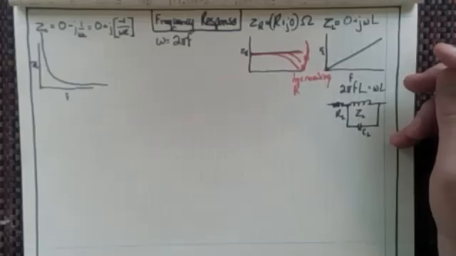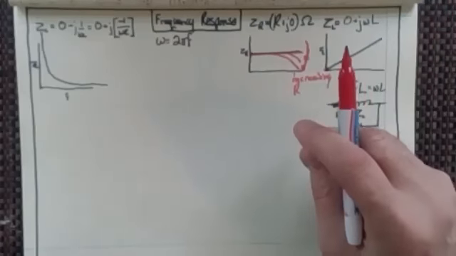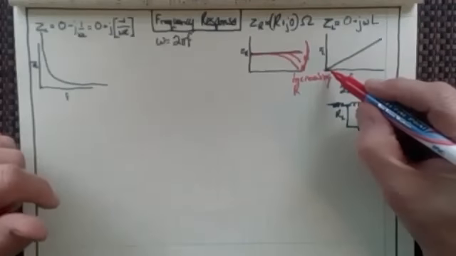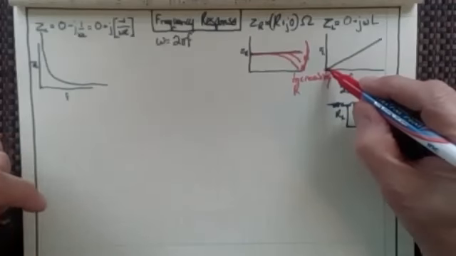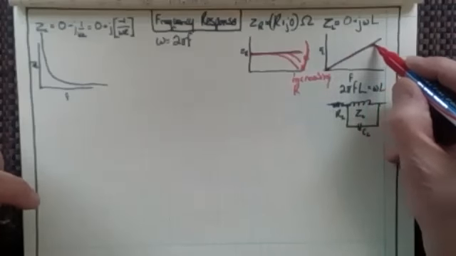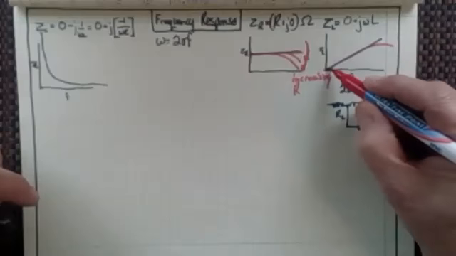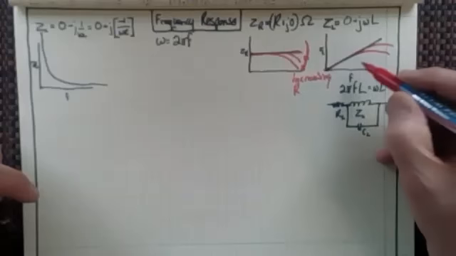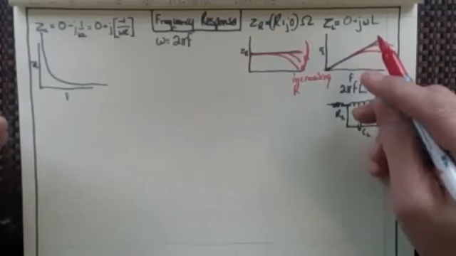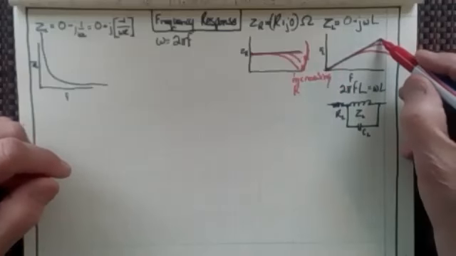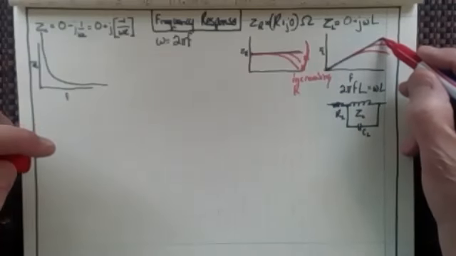So as I start to go up in reality, with the higher inductances I've got, I'm going to start to have this roll out like this. Very similar to how the response rolled out when we had the resistors too. At higher frequencies, we're going to see that.